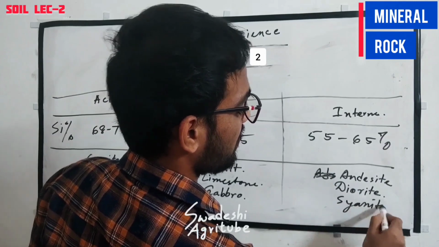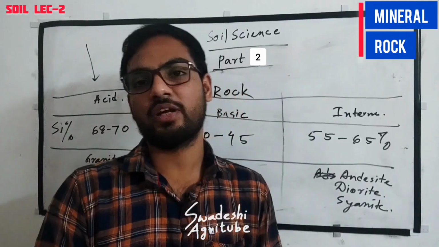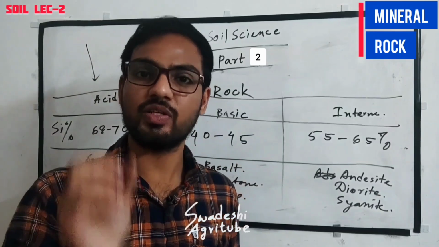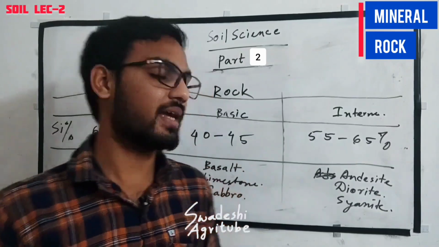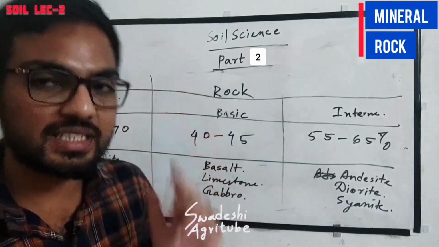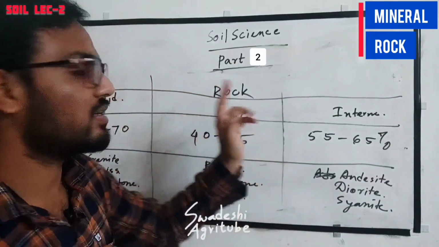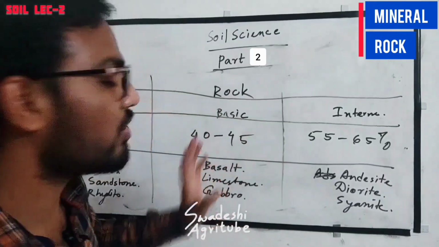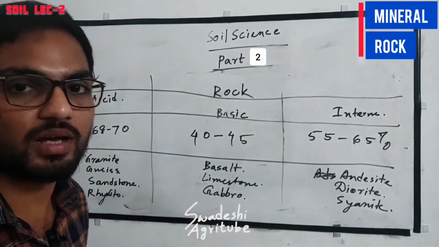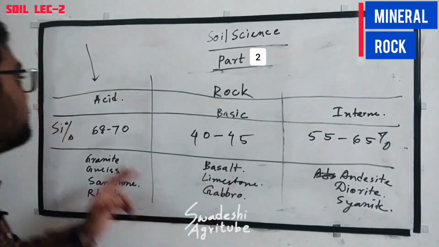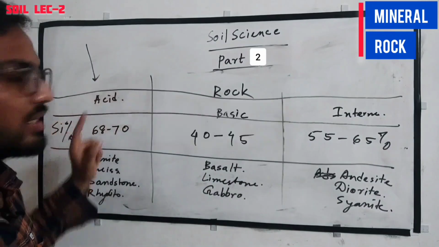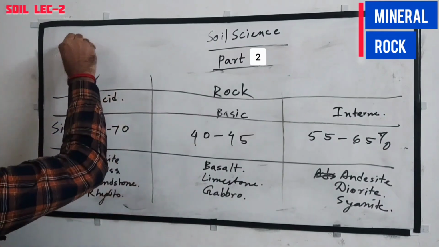Another important point we sometimes ignore, but questions may come from this topic of acid and basic rock, is how soil is formed from the weathering of the rock. Rain is an example of weathering. That means hydrolysis is happening in the rock, and this may lead to the formation of soil. Hydrolysis means nothing but the addition of water.